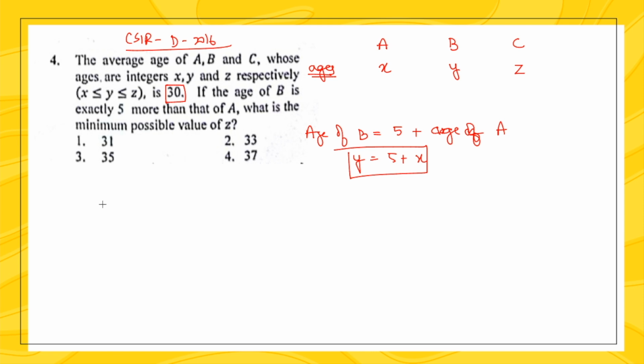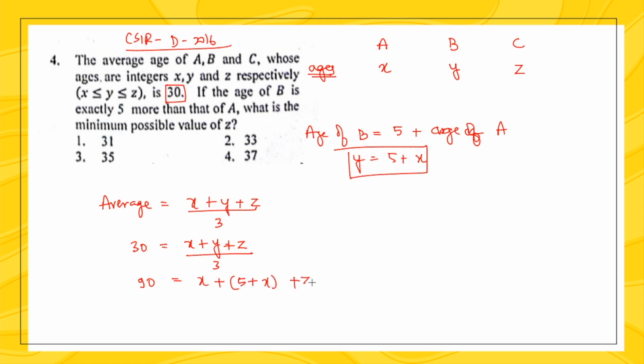Okay, so now we will use the formula of average. So average is the sum of all the 3, so x plus y plus z divided by 3, right? Because 3 quantities are there. Average is given to you as 30. So 30 is equal to x plus y plus z divided by 3. Now if I cross multiply it, it becomes 90 equals x plus y plus z. In the place of y, I can write the condition which I have for y, plus z.